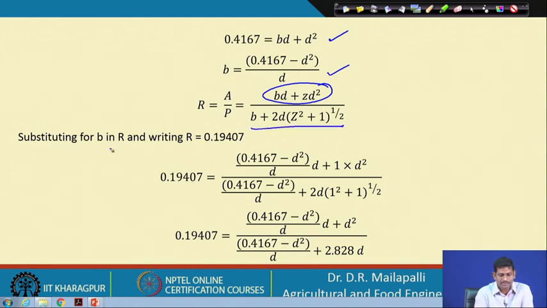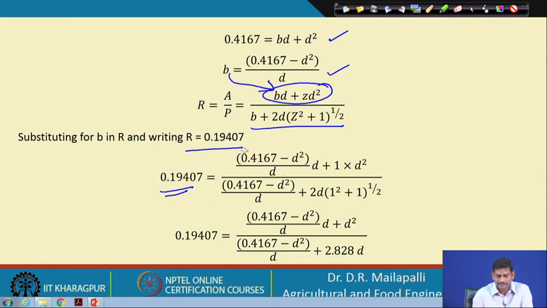So, now substituting B in R, and now R equal to 0.1947, this is what we estimated previously, and substituting the values which are known, like B value, substitute the B value in this equation.